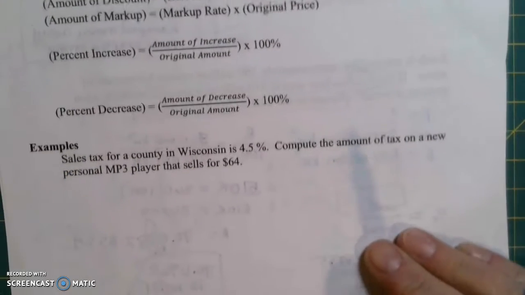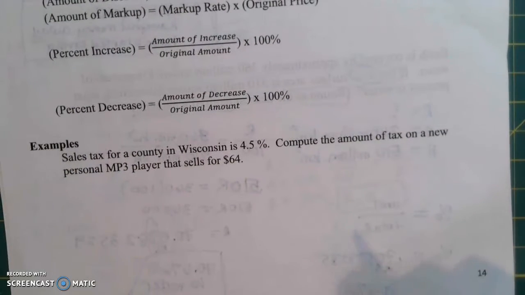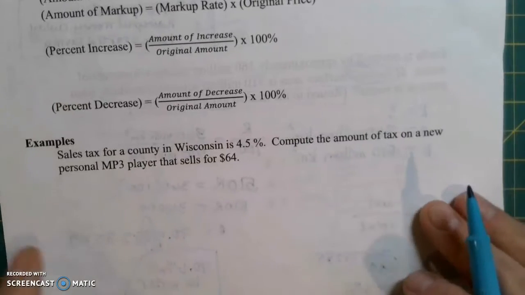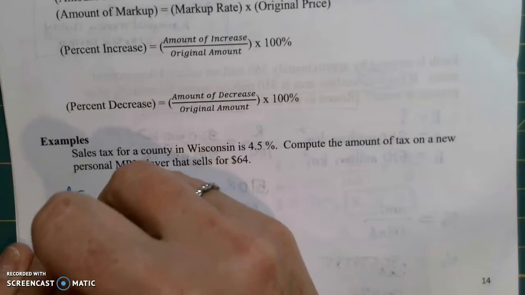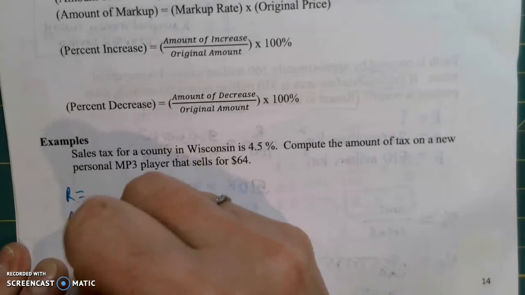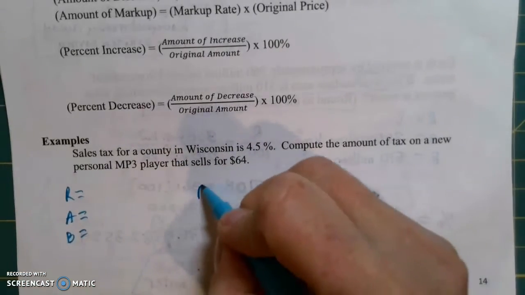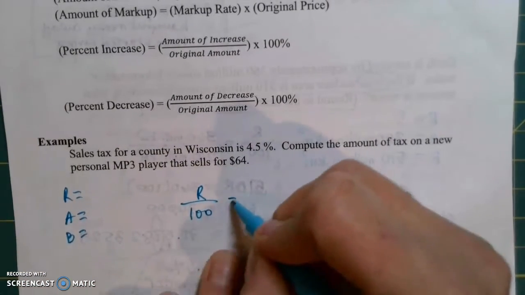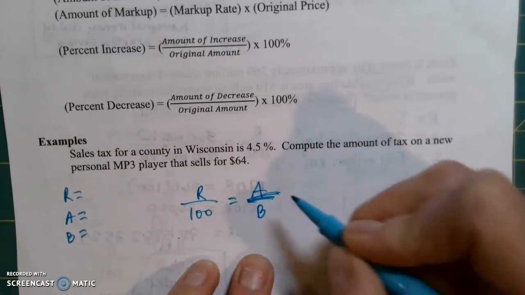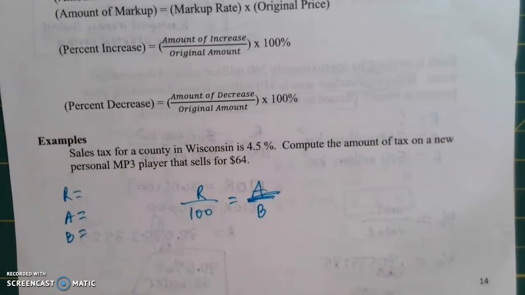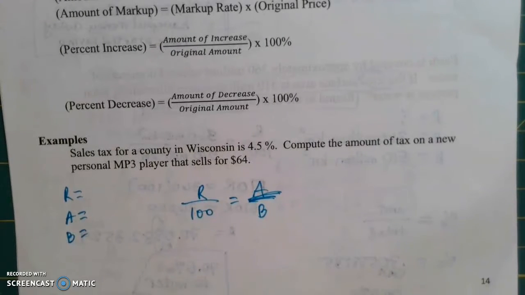Okay, so looking at one of the basic ones that we would have, and again, I said I am going to look at that percent proportion because I think that it can be very helpful to figure out what goes where, because we cannot depend on the is and of hints that we can in the basic percent questions.